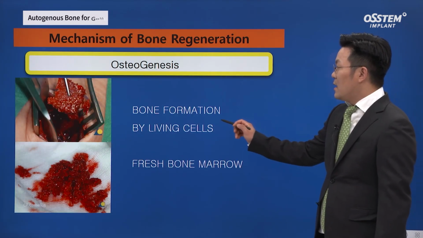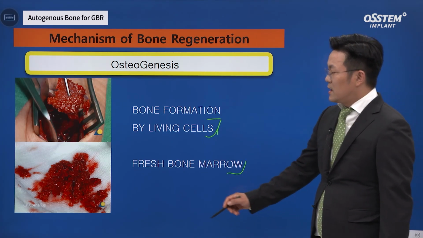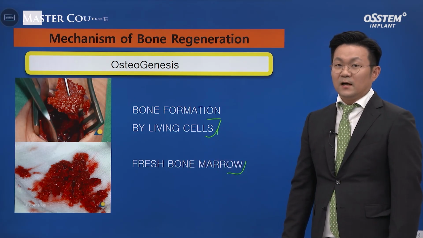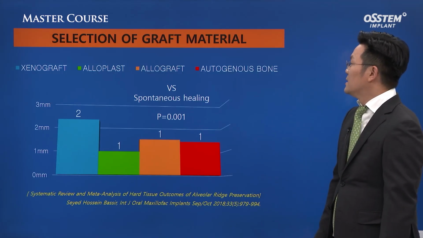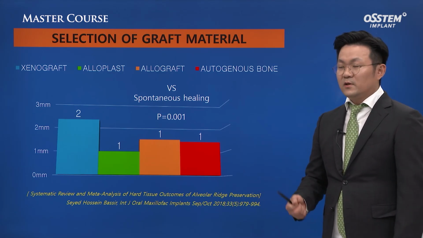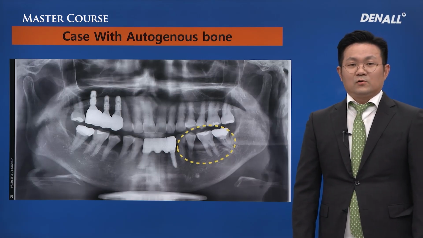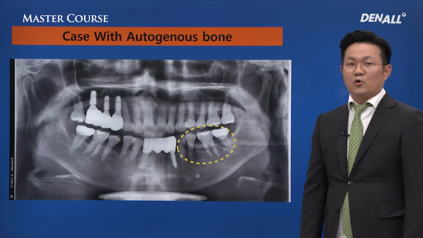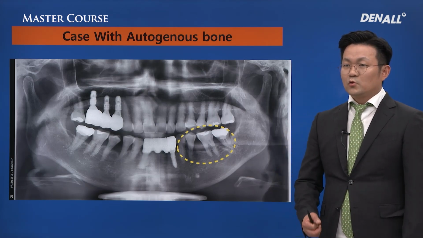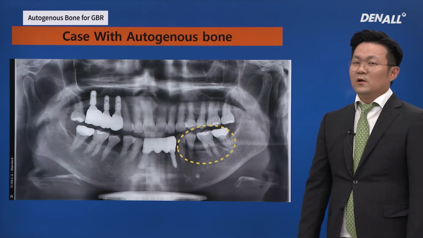Bone formation by living cells is achieved, and fresh bone marrow is involved to form good bone, but autogenous bone is resorbed fast. Therefore, we need to select bone graft materials depending on the case. Recently, autogenous bone is hardly used alone, even as a block bone. We usually use allograft block bone, and for particulated bone also, we use allograft instead of autogenous bone.